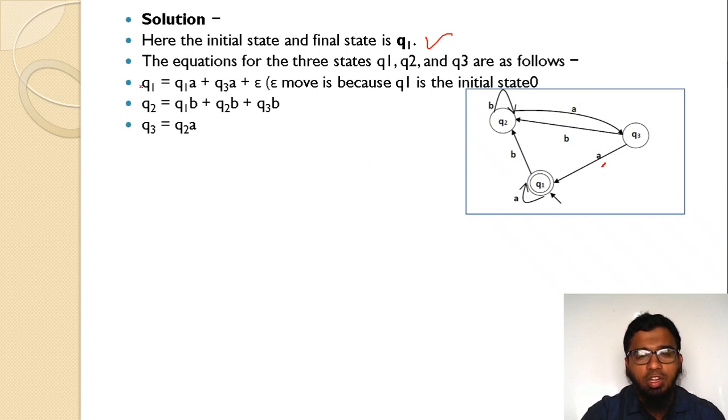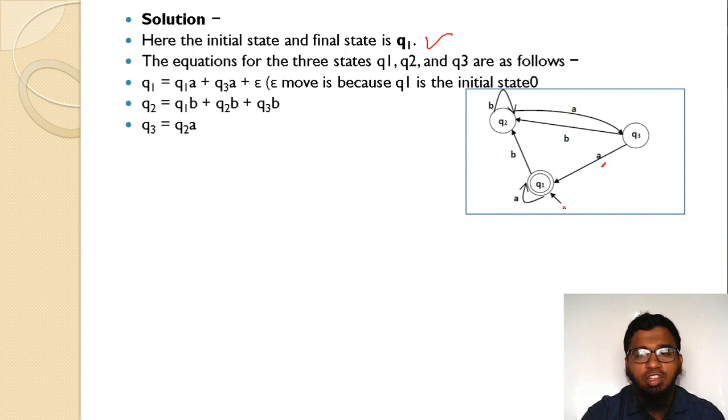I hope you understand how to make equations. Once again I will repeat. Q1 is equal to: first you need to see how many incomings for Q1. One is coming from Q3, and Q1 itself is also there. So Q1A itself and Q3A is getting Q1, plus epsilon.